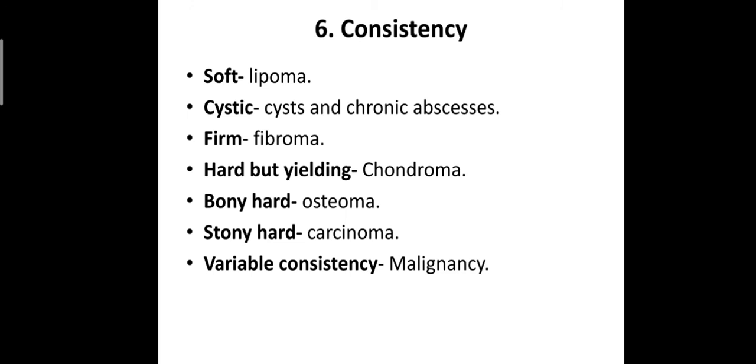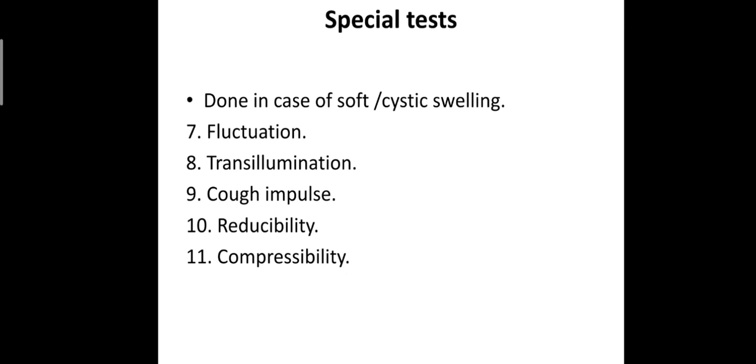Consistency: soft, lipoma; cystic, cyst and chronic abscess; firm, fibroma; hard but yielding, chondroma; bony hard, osteoma; stony hard, carcinoma; variable consistency, malignancy. Special tests done in case of soft cystic swelling: fluctuation test, transillumination test, cuff impulse, reducibility, compressibility.